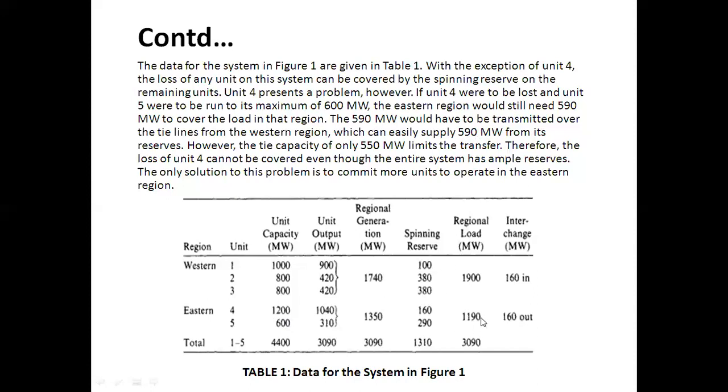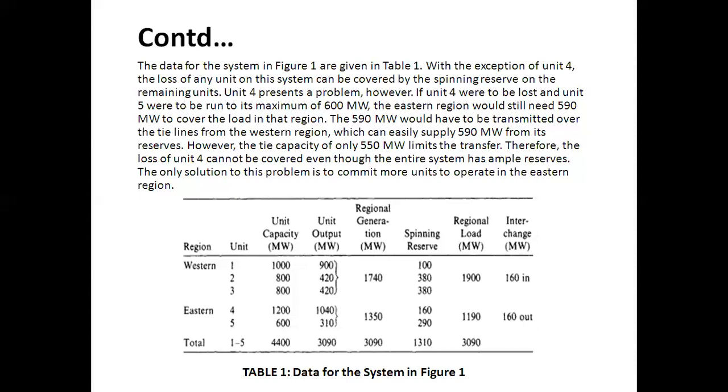So this 590 megawatt is required from the western region. Now what is the spinning reserve of the western region? This is 380 plus 380 plus 100, that is 860 megawatt.